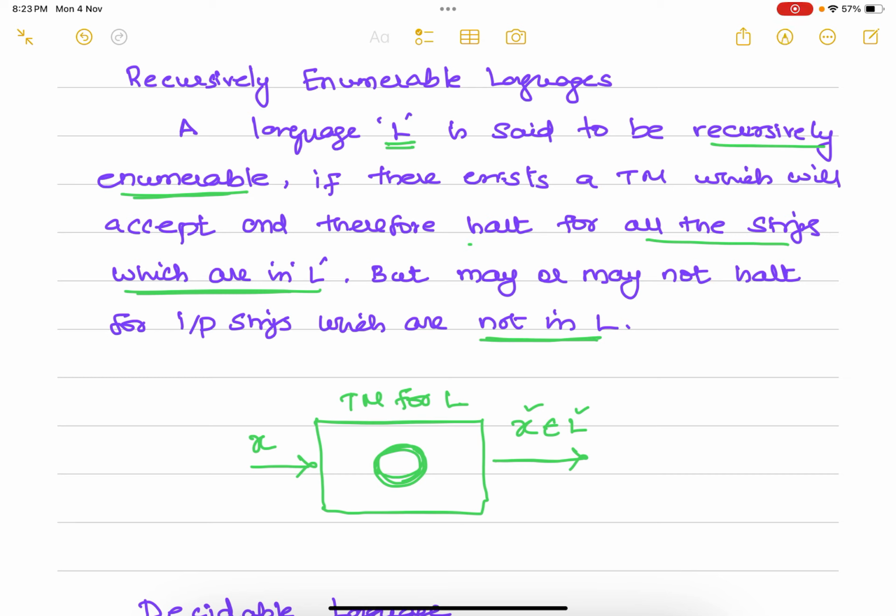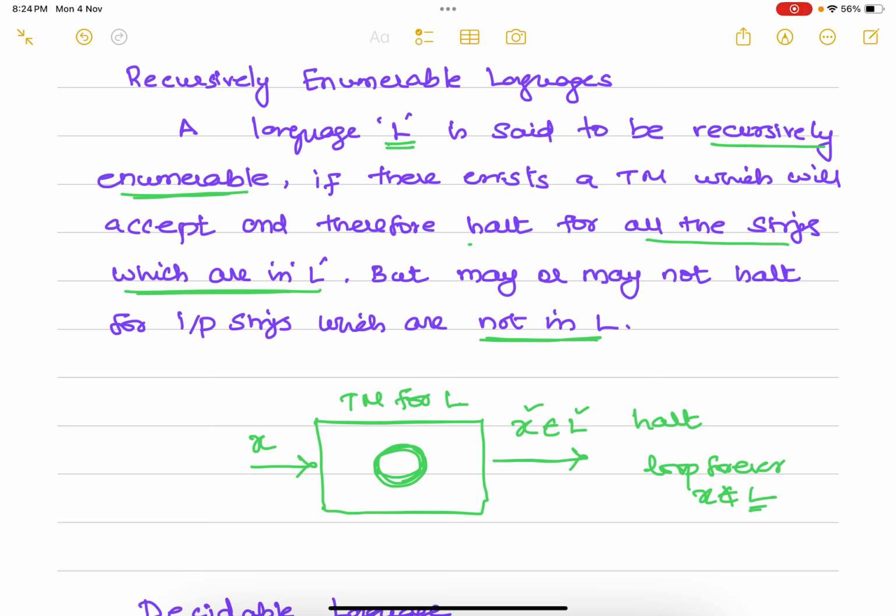So for X belonging to L, it will halt, and it will loop forever for X that does not belong to L. If that is the case, then L is called a recursively enumerable language.